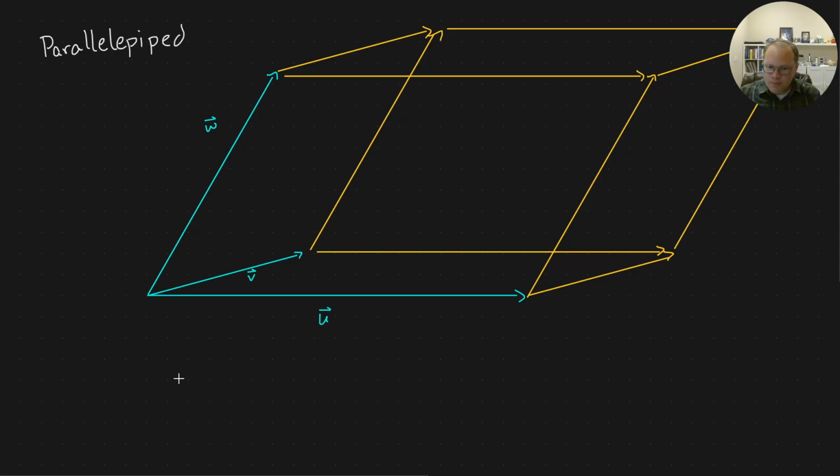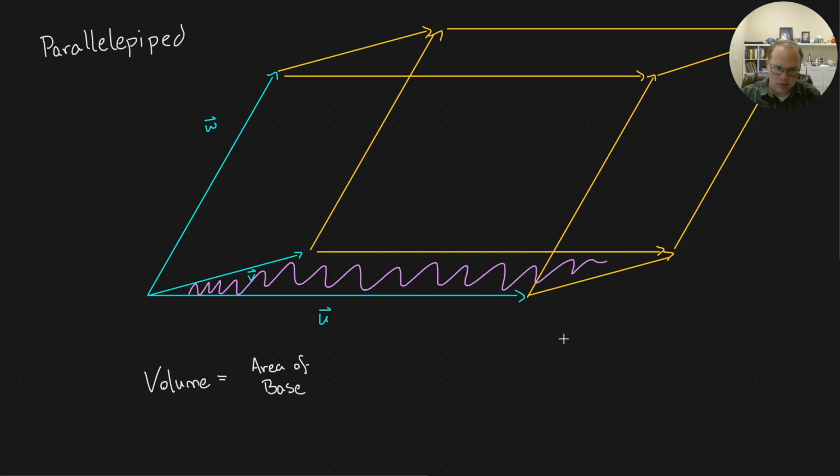Okay. Well, here we could find the volume by taking the area of the base. So not just the length of the base, but the area of the base. So all of this. Okay? And then multiplying it by the height.